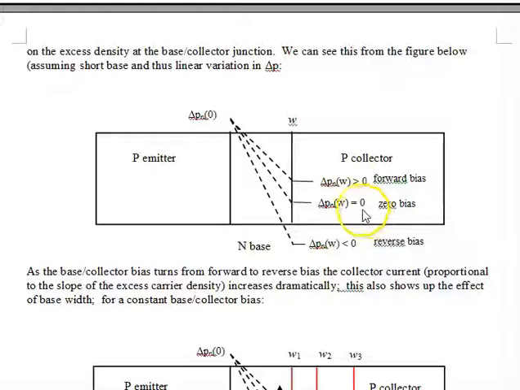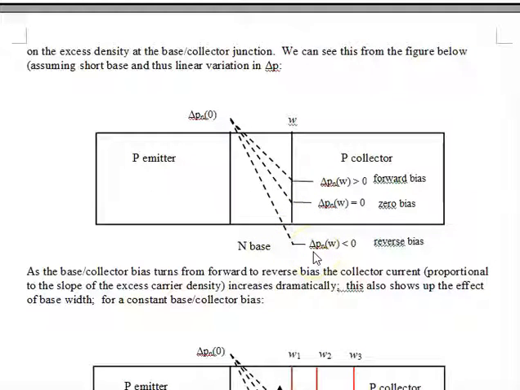That's basically what we have in a p-n junction. Here, I put a forward bias, so the excess charge distribution at the base collector now is higher, which produces much less collector current. And here, I have a relatively large reverse bias, so the excess charge carrier distribution at the junction becomes less than zero.